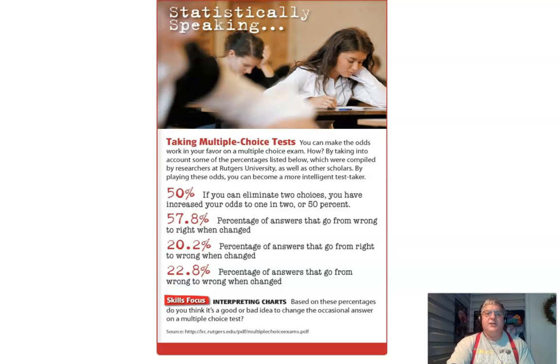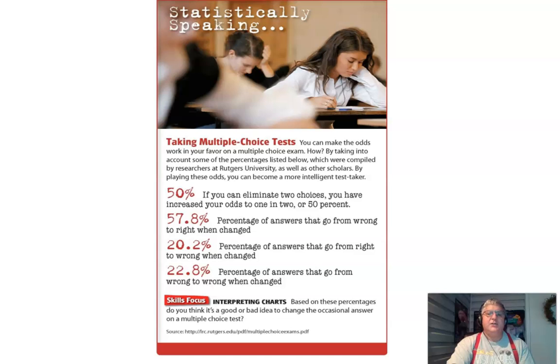Taking multiple choice tests. You can make odds work in your favor on a multiple choice exam. How? By taking into account some of the percentages listed below, which were compiled by research at Rutgers University as well as other scholars. By playing these odds, you can become a more intelligent test taker. 50% if you can eliminate 2 choices.